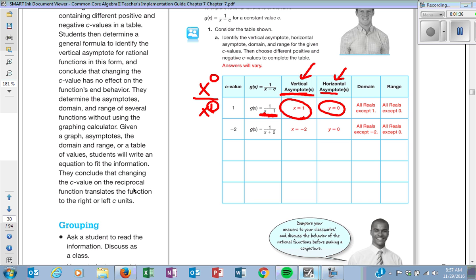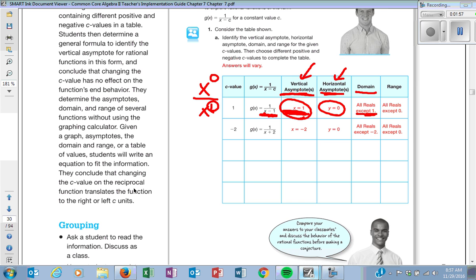Your range is affected by your horizontal asymptote and which way this thing is facing, and the stuff we talked about yesterday in class. So my domain is all reals except x can't be 1, because of that vertical asymptote.